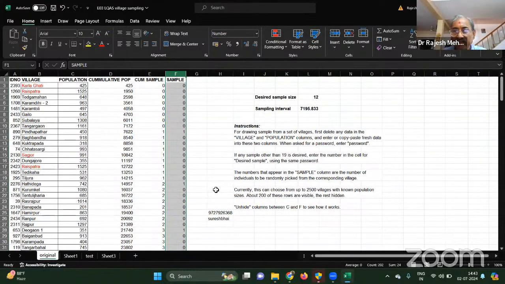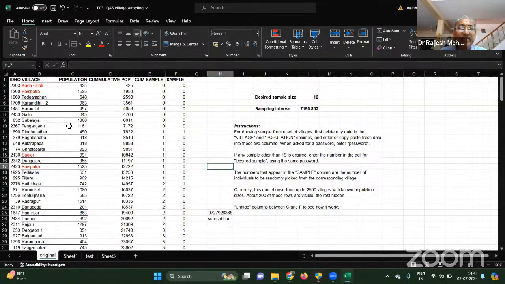In a short time, it gives a very good result. You should keep only two things ready, a village and the population, or a ward and number of patients, or schools and number of students, or associations and number of members. You keep it over here, and automatically it will tell you from where you are supposed to take a sample.